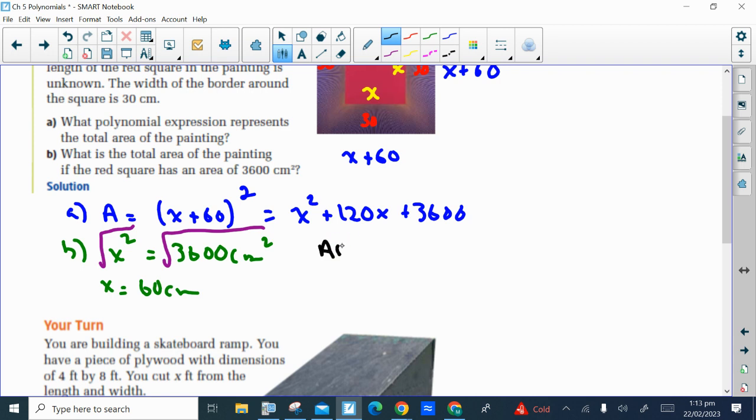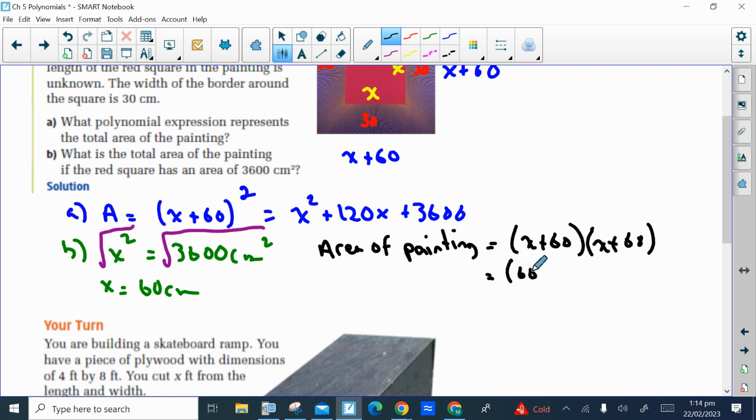So the area of the entire painting, which again is x plus 60 times x plus 60, except now I found what x is. We just calculated that x itself is also 60.